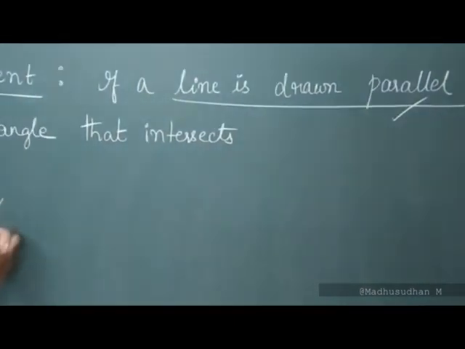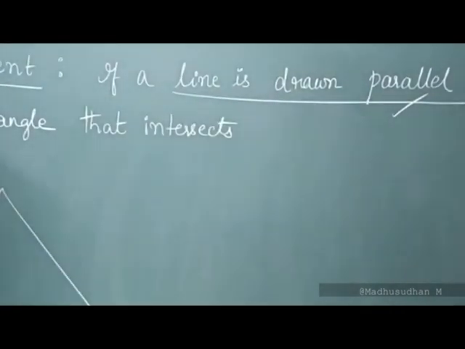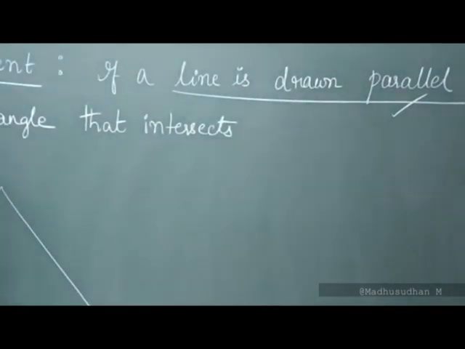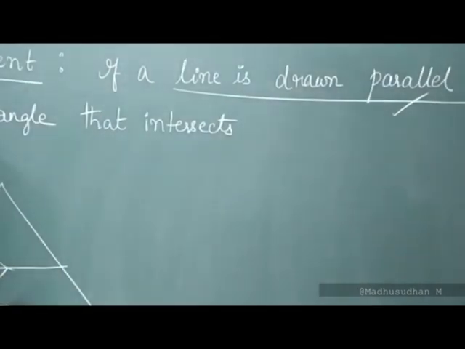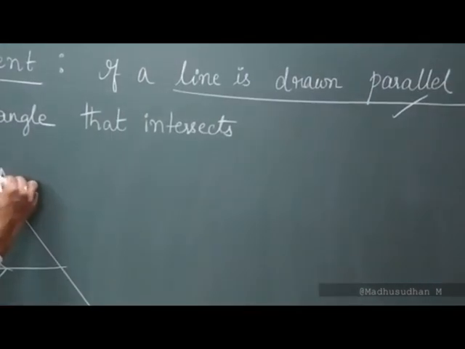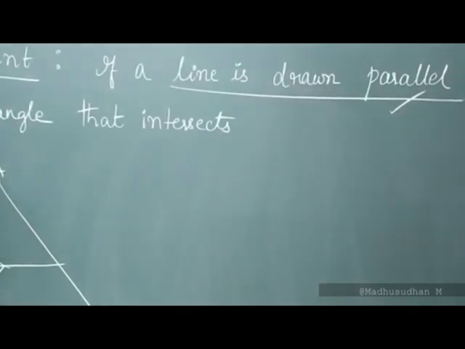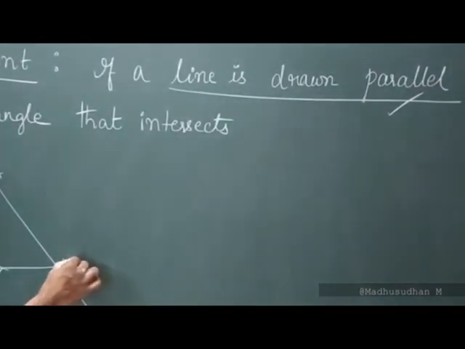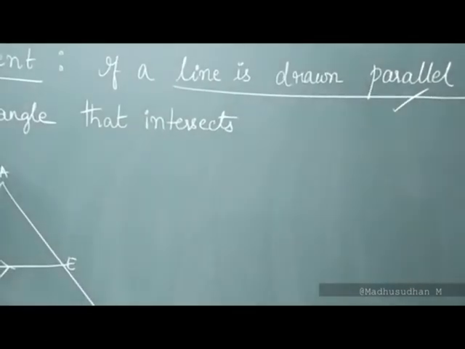So if I have a triangle like this, a line is drawn. Let me draw this line parallel to this side of the triangle. Followed it? So if I write this is A, this is B, and this is C, and this is D and E. If a line is drawn parallel to one side, I have considered this to be one side.